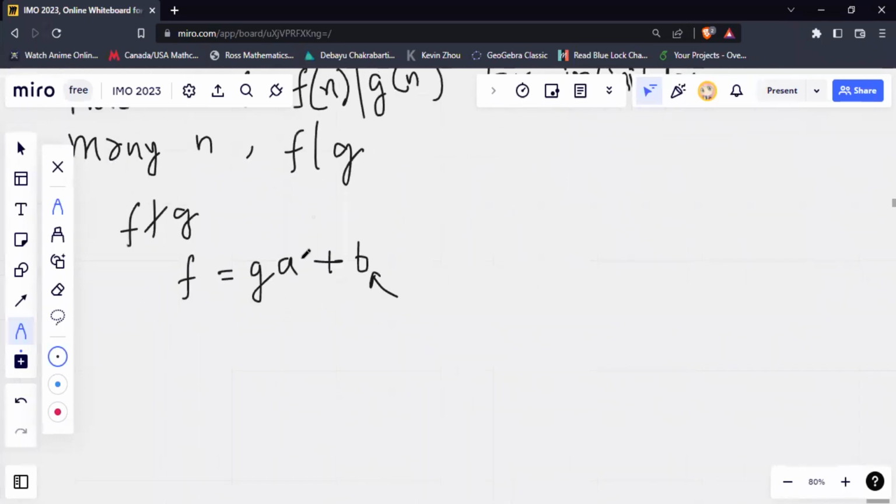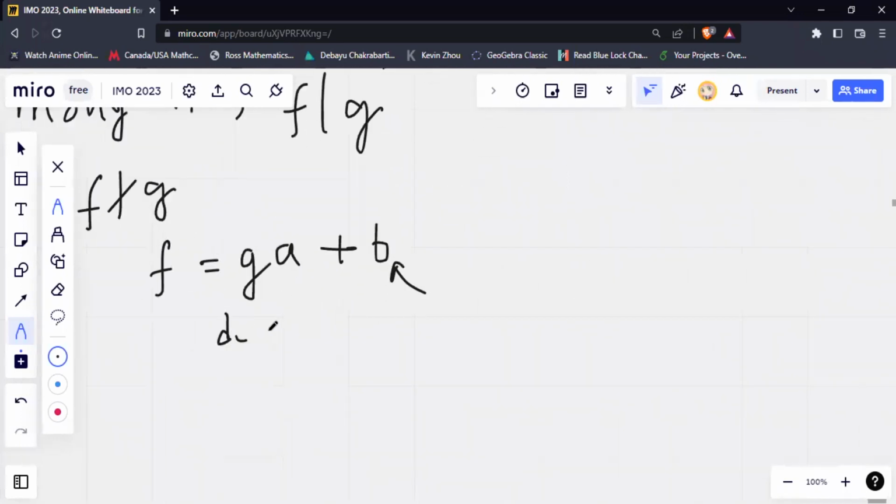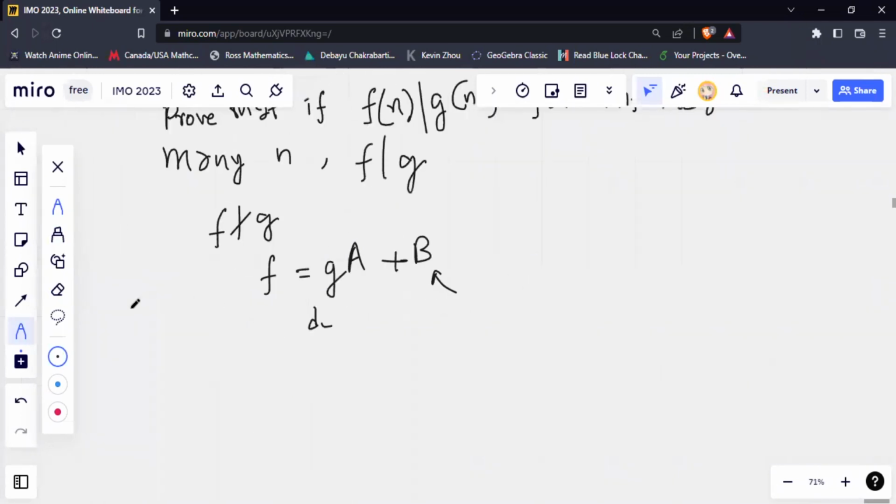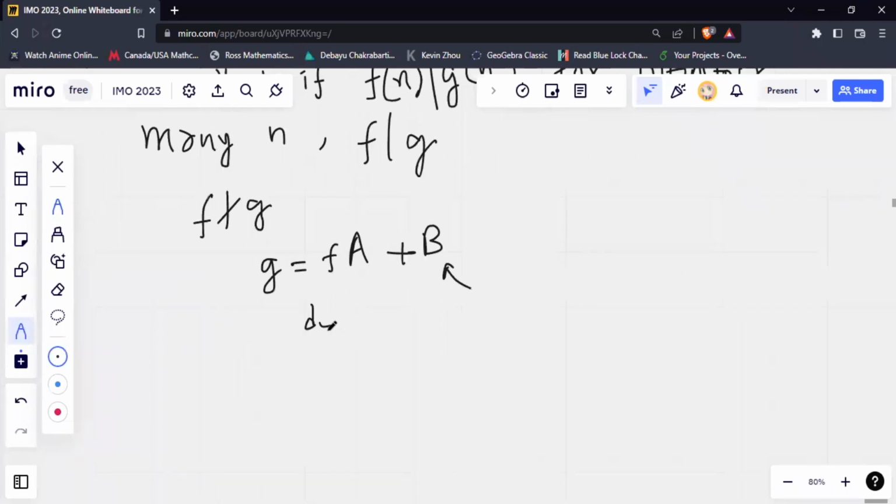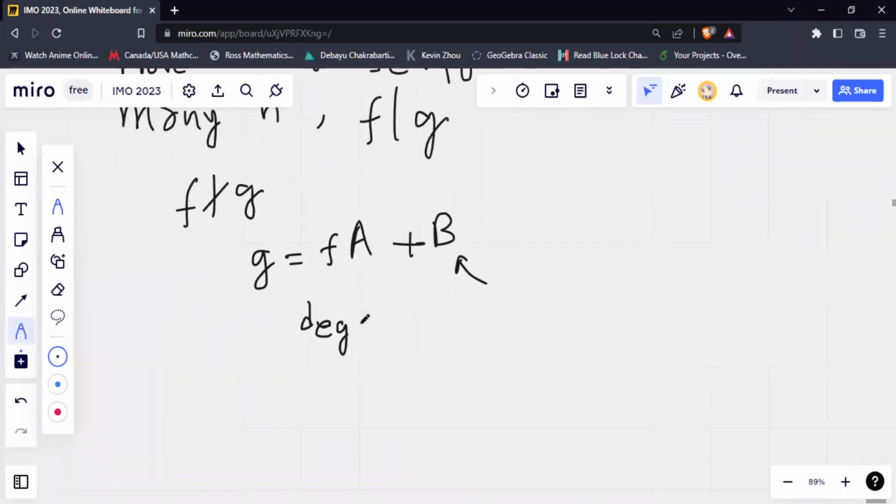And you want to prove that b, and we know that degree of, okay, I should use capital. You misplaced g and f, right? Oh, okay. Happens. No problem. We know this is true.